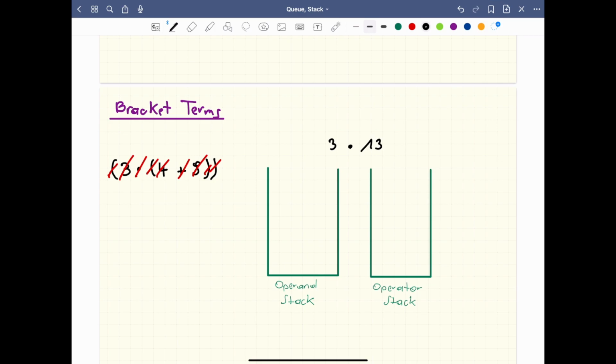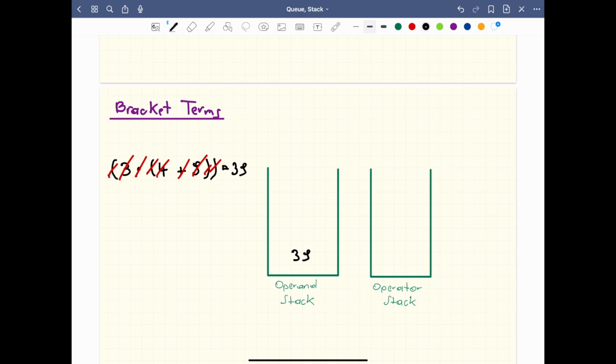So it's 3 times 13 is 39, and we push the result to the operand stack. So now we are done with our term, and at the end, we know that the result is on our operand stack. So our result is 39 here. And that's also what we evaluated as a human being before.